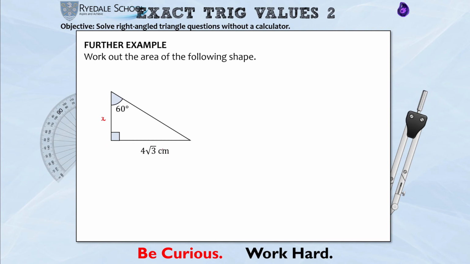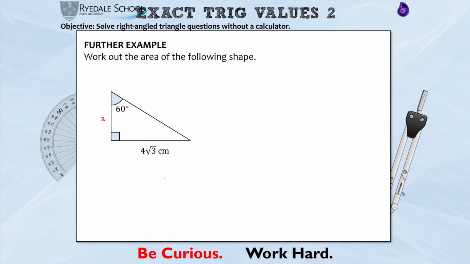There might be one or two of you thinking, oh, there's that other formula, half AB sine C. But in order to do that, I would need to know both of these sides, either side of the 60 degrees. So I'm going to work out the size of side X and then use base times height divided by 2.